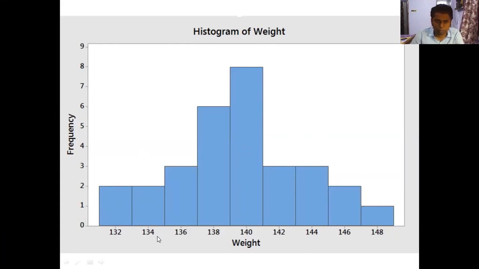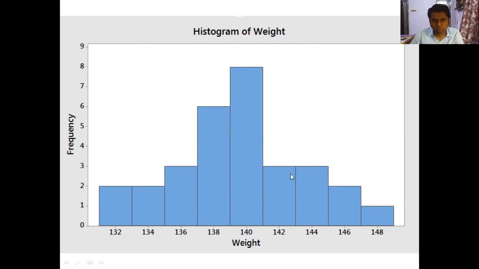Suppose you are measuring the weights of the students of a class, or from any population. So this bar represents the weight of 140. So what can you conclude from this histogram?